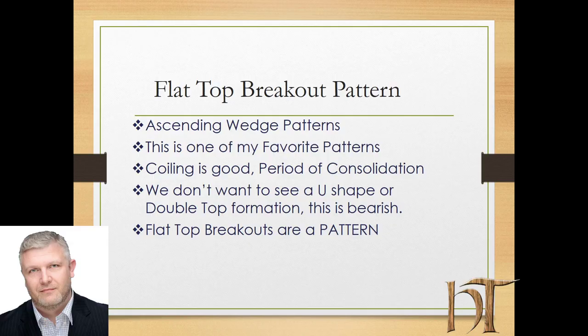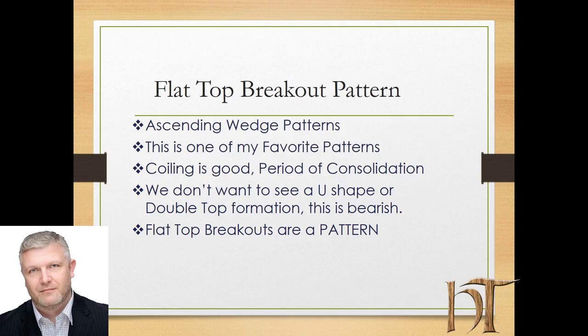It's recently made a big candle upwards, and then that creates a flagpole, and then there's sideways consolidation. That sideways consolidation is the flag pattern. So an ascending wedge is a type of flag, and it's consolidating under a flat top.